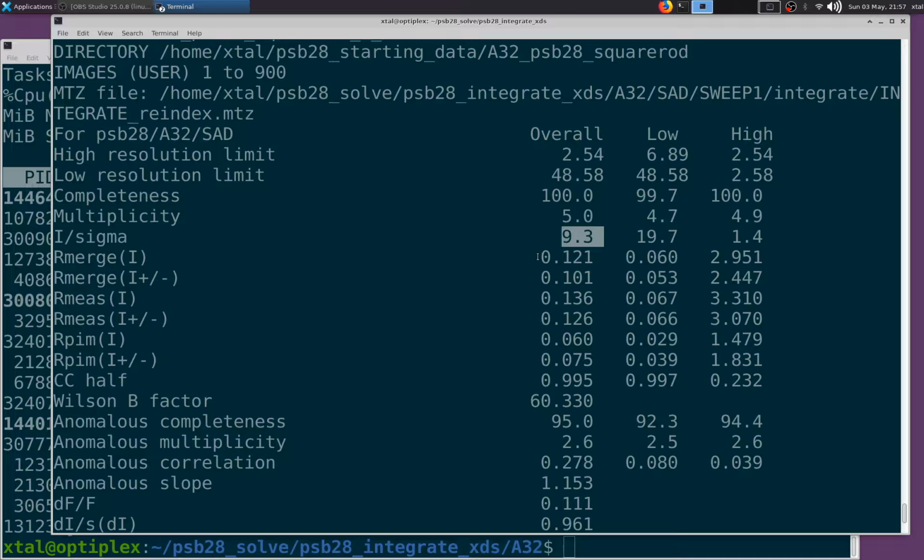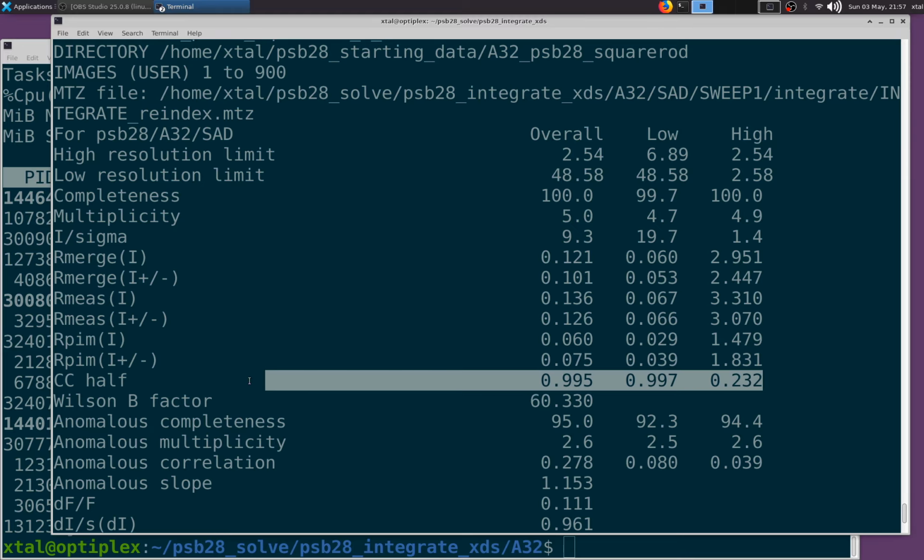Our R merge is 12% overall, which is quite high, but not disastrous, and very, very high in the high resolution shell, but there is still some correlation. The CC half, which is the correlation of 2 random halves of the data set, overall is very high, and it's still greater than 0 in the high resolution shell.